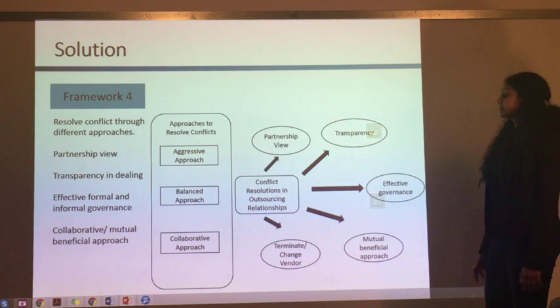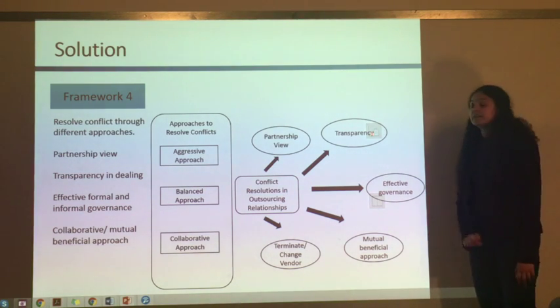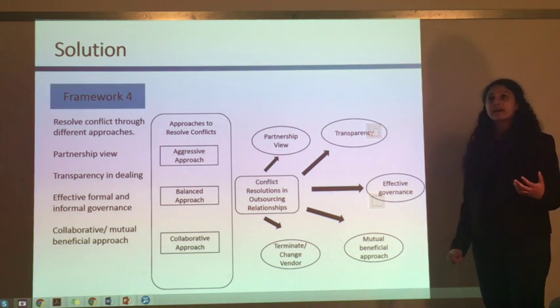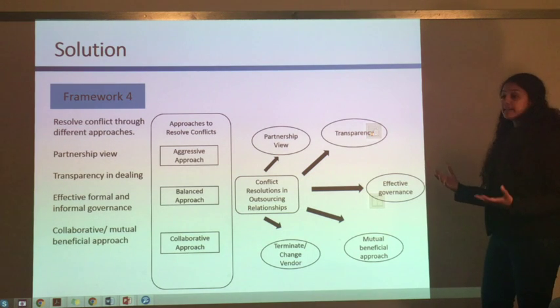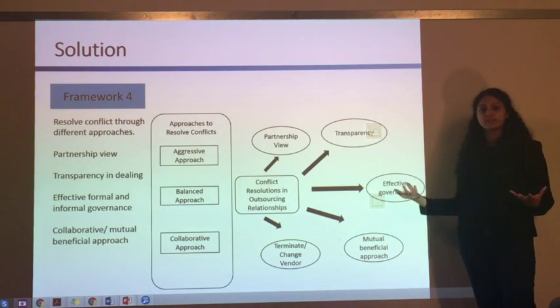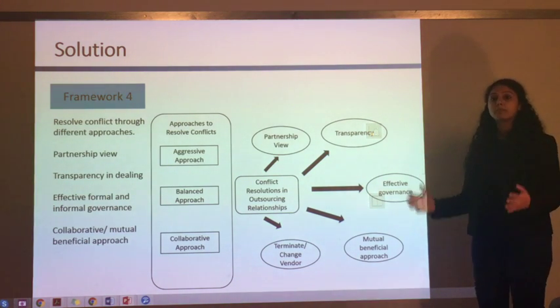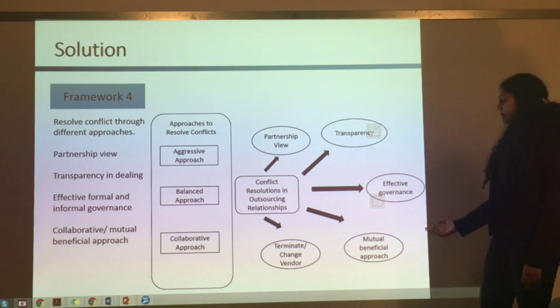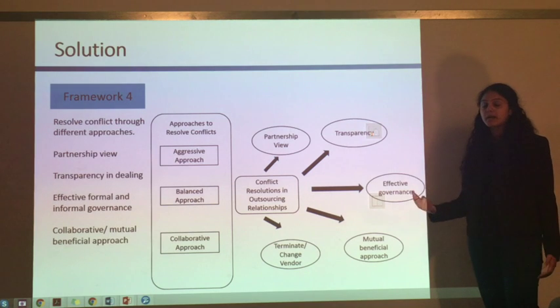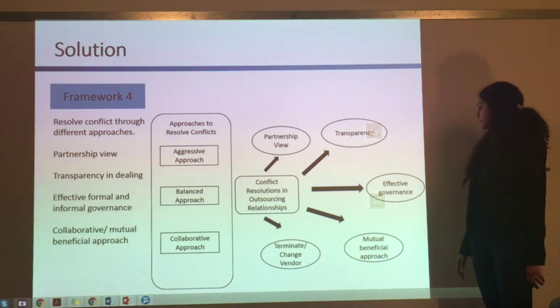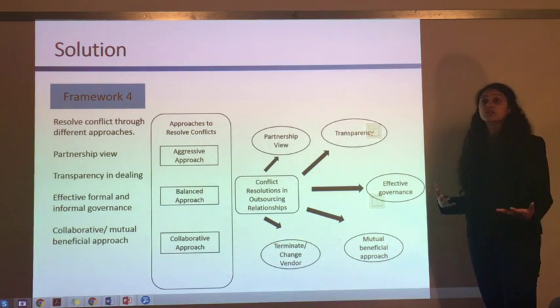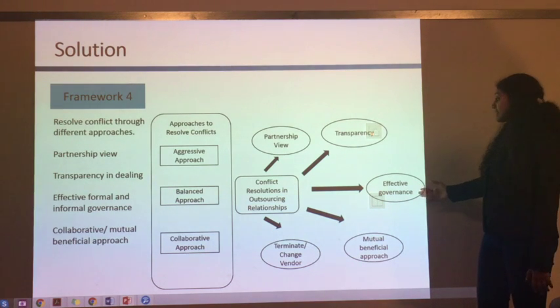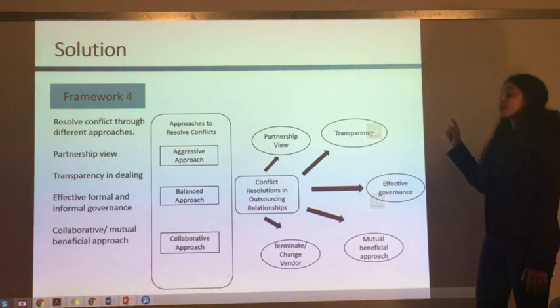The collaborative approach is more about a mutually beneficial approach. If the vendor and the client are in a conflict situation, they both choose a path which is beneficial to both of them, or the minimum loss for both of them. So not one partner should only suffer for the loss. The next, this can be effective if we have effective governance and also transparency.